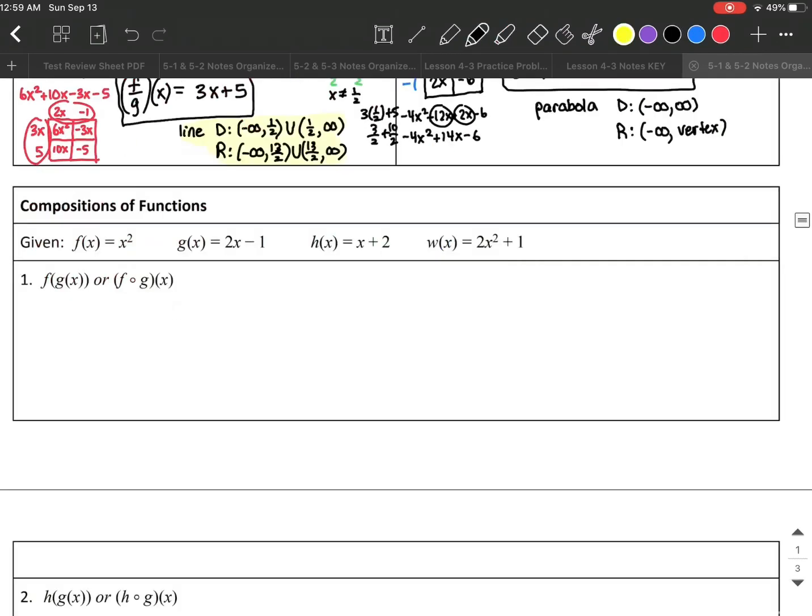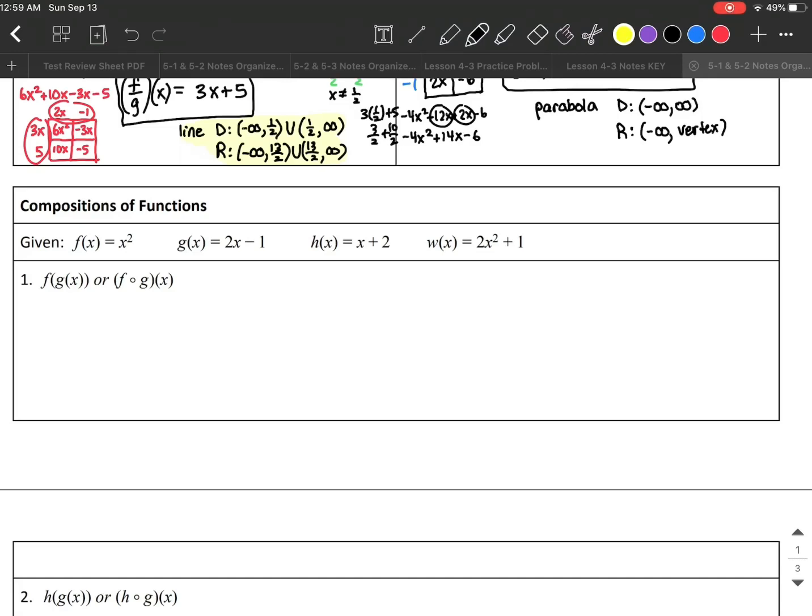Don't freak out. Now we're going to talk about composition of functions. Composition of functions just means collecting two functions together. So I'll be doing, for the first example, f of g of x.